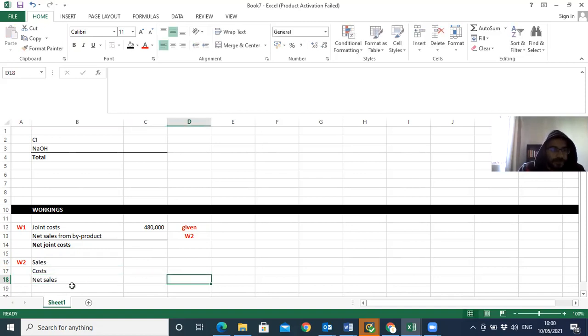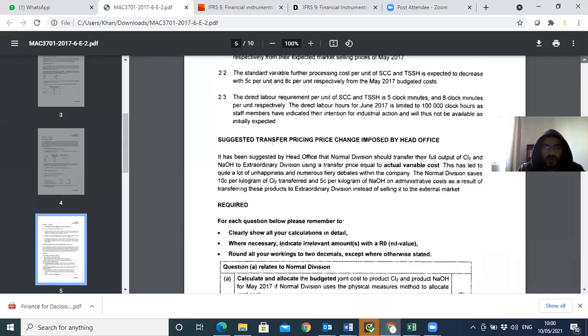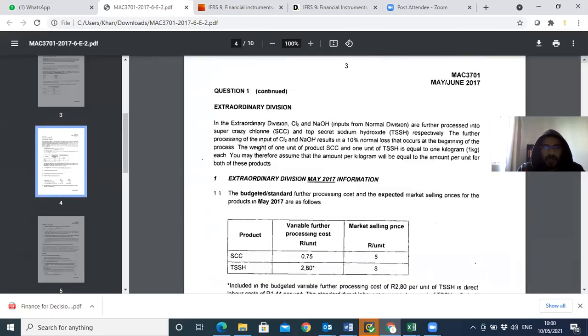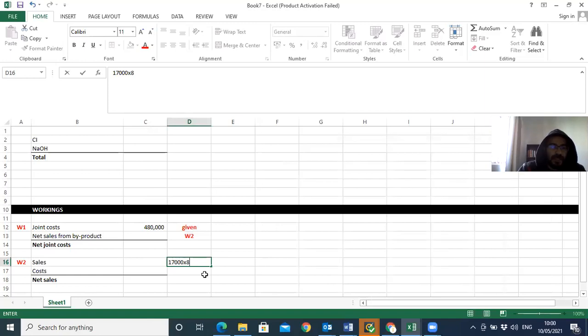So remember that the sales is 17,000 kilograms multiplied by what was it now? It was the selling price for hydrogen, 8.85. Okay, so times 8.85. And then over here it's going to be 17,000 times 1.15.